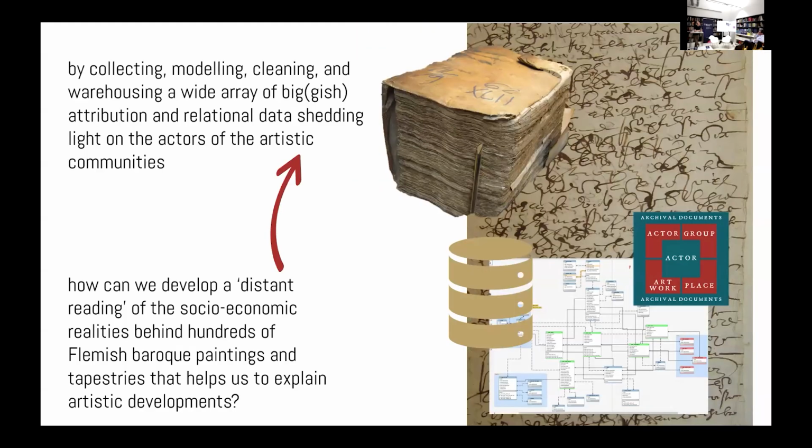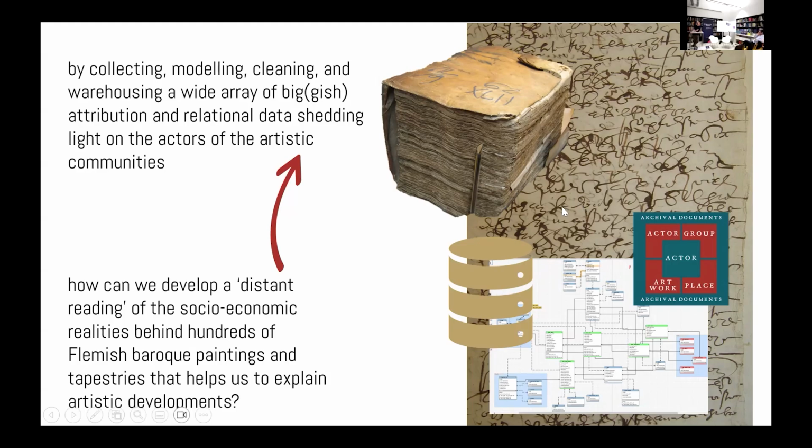And how did we try to approach that question? What we did, and I had been doing that for many, many years, was archival research, right? And so what we all did, except for the computer science people, because they cannot read 17th century handwriting, but they can do a lot of other things that we cannot do, was collecting, modeling, cleaning, and warehousing a wide array of biggish data. Not big as in a gazillion data points, but big as in complex, right?